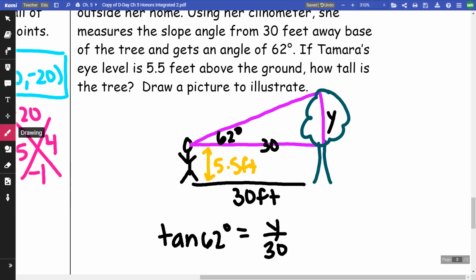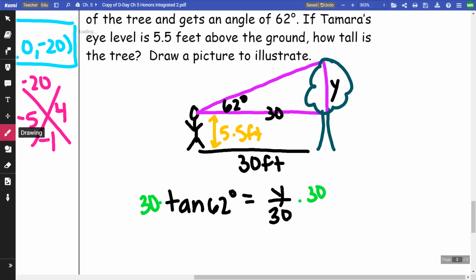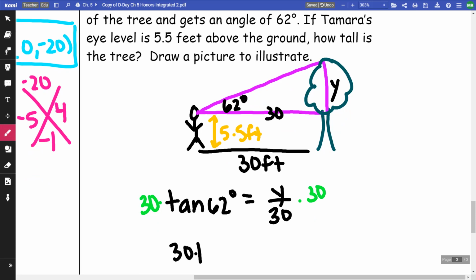I am going to times both sides by 30. So we are going to have 30 times tangent of 62 degrees is equal to Y. And then I need to remember that onto that, I'm going to be adding the 5.5.